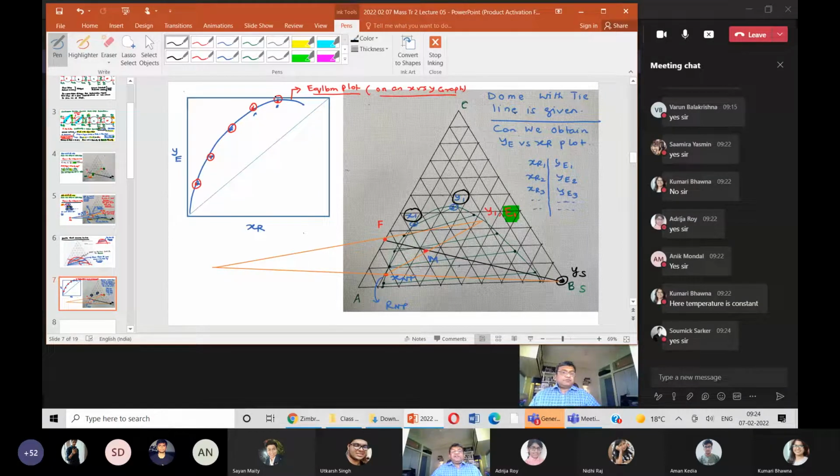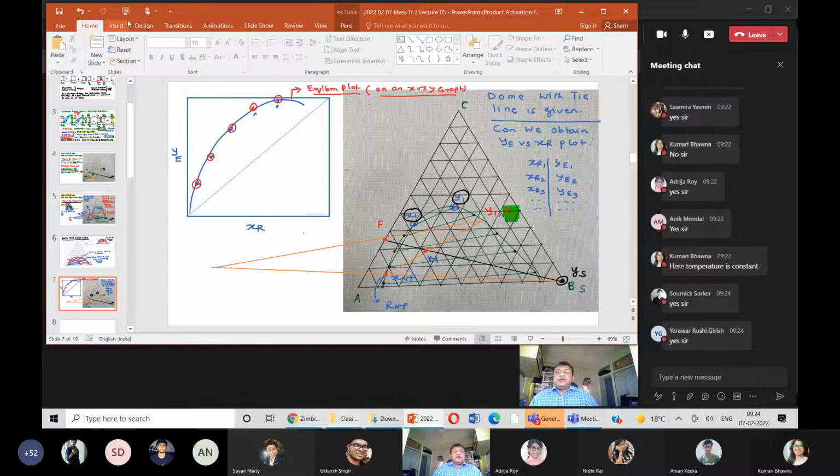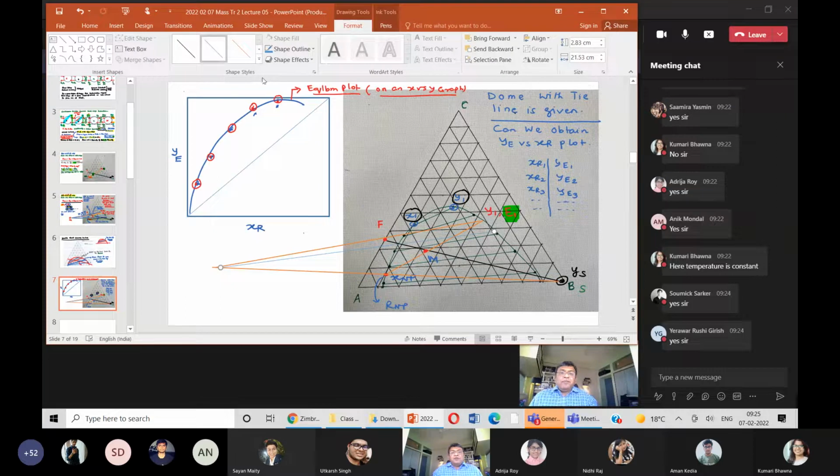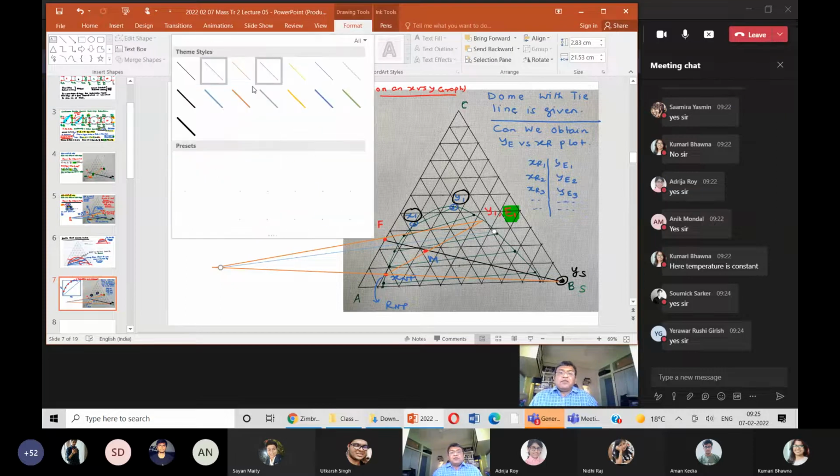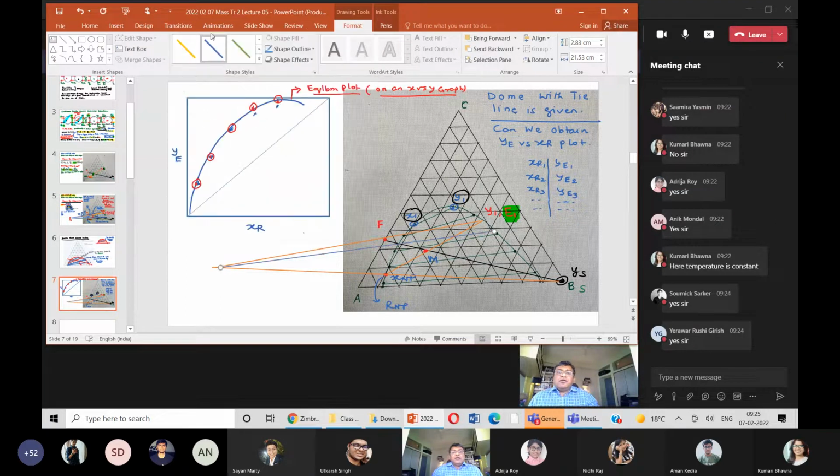Next, we do something interesting. Instead of following and drawing tie lines from point Y1, etc., following the regular convention, what we now do is we draw a few random lines from the point delta.